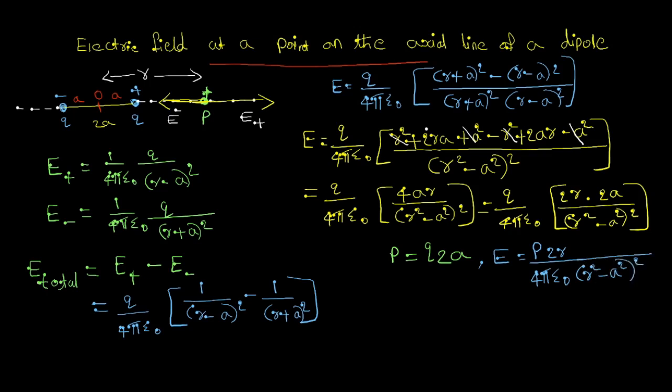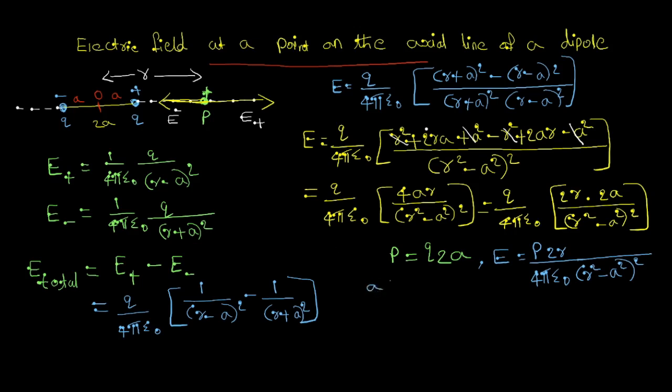The next step, we are going to assume that the distance a is very much less than r, because in a dipole the two charges are placed very close together. So 2a is very small compared with the distance r.